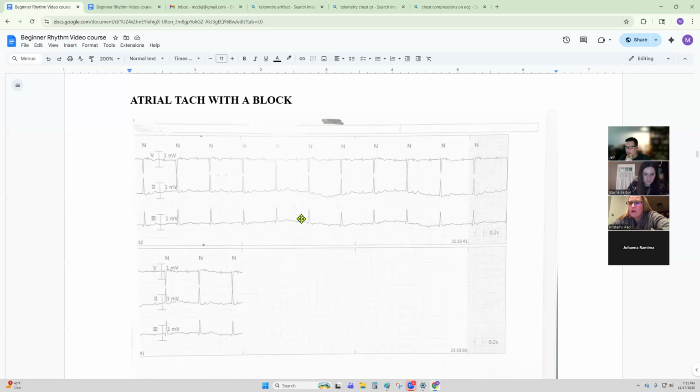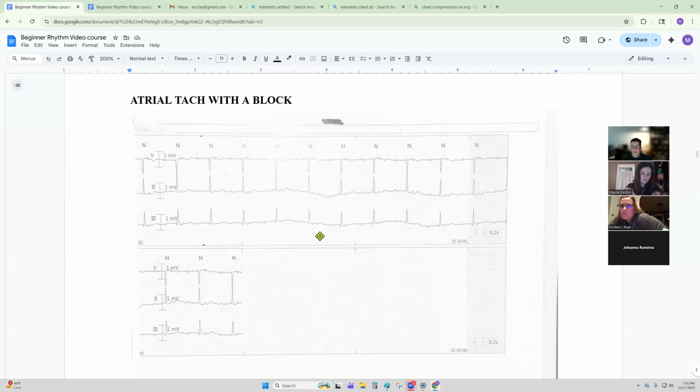Question? Got a thought there? Atrial tach, I don't like it. Atrial tach gets me, because flutter can sometimes look like atrial tach. I don't know, I don't like atrial tach. It's just SVT with a block. Right. So all atrial tach is an SVT. All SVT comes from the atrial chamber.